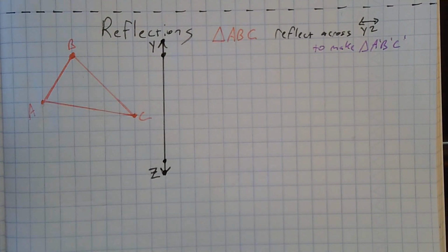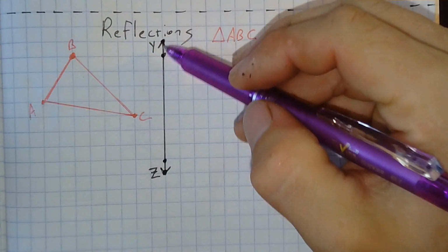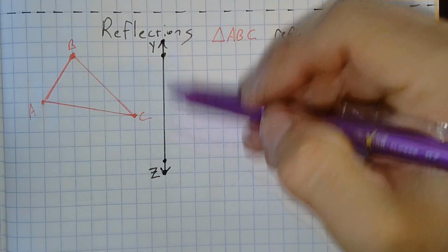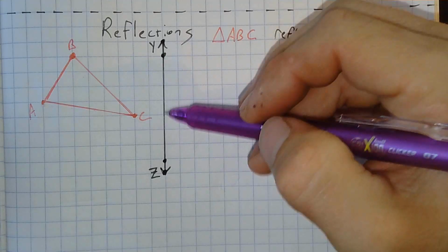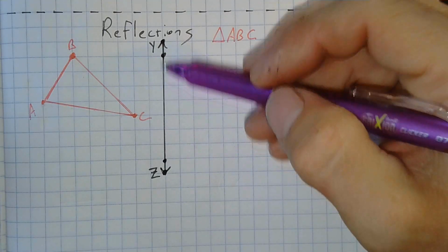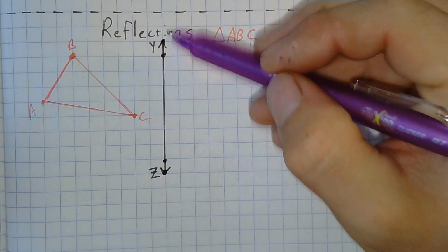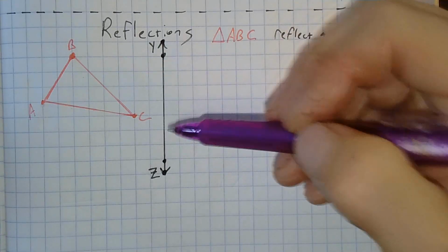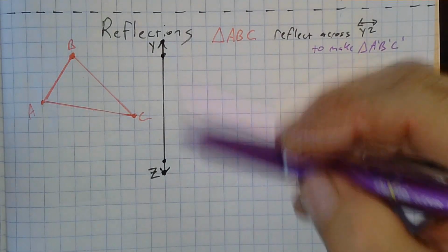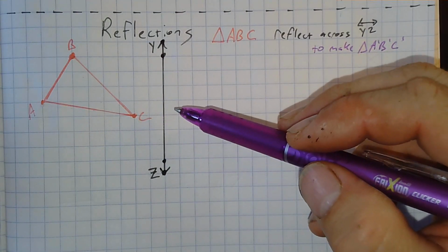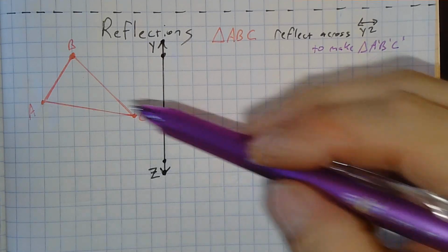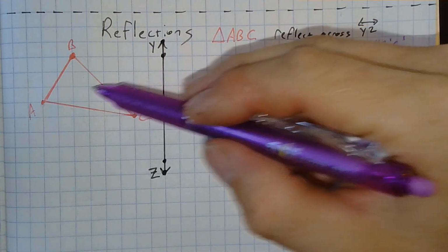All right, so what we're going to do is reflect each point across this line of symmetry, which happens to be an x equals something line. The line is up and down when x is something. That's confusing to some people. When y is equal to something, you're talking about a line that goes right and left.